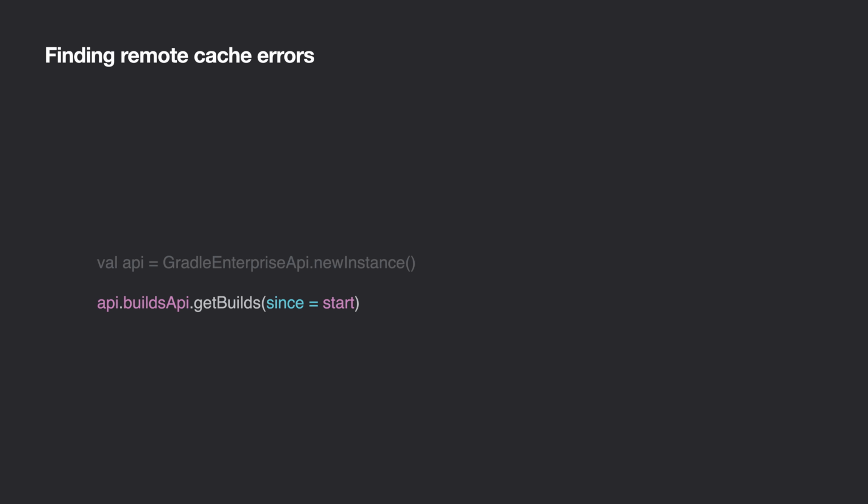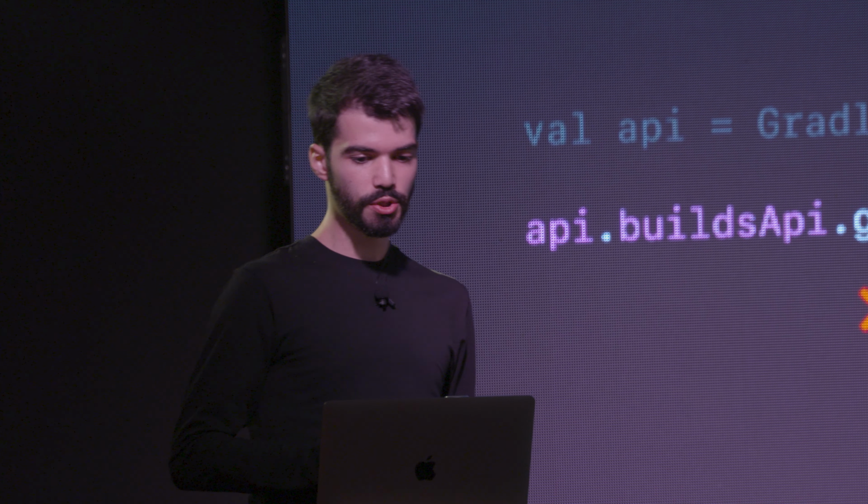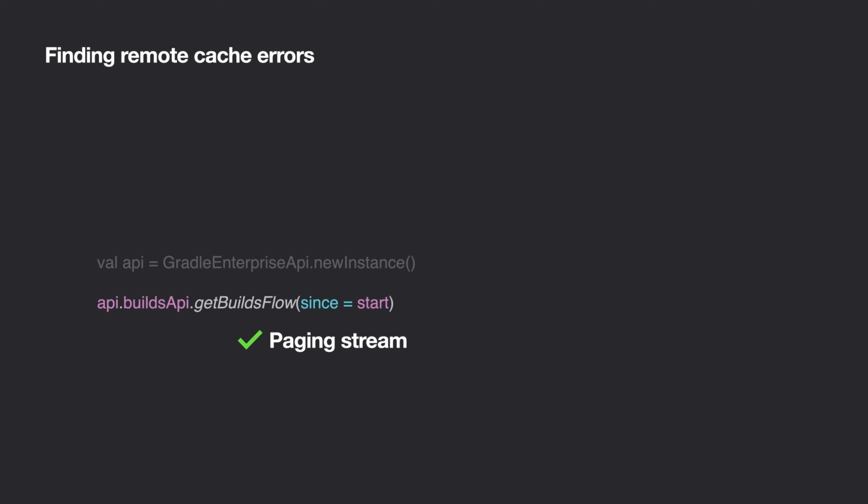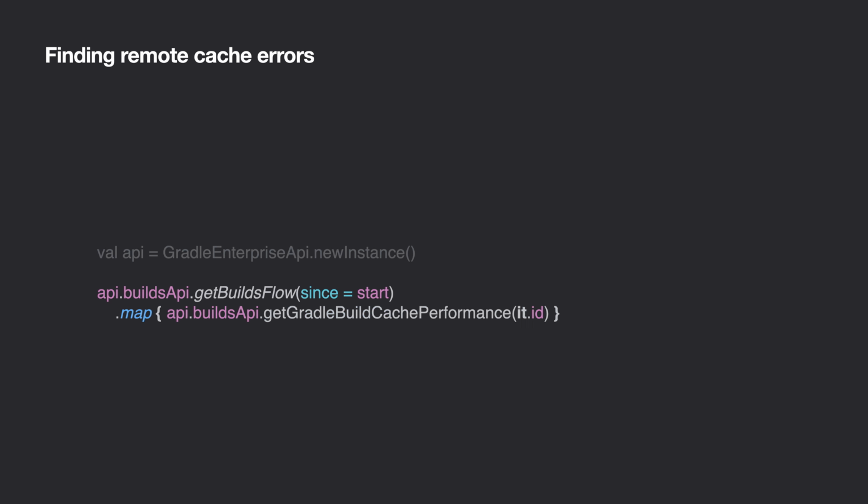It will give us all the IDs of builds since a start time, and this actually requires paging, but as I mentioned, the library has a few utilities for this, so you don't have to implement it. Just use this extension function and you'll get a stream that does the paging behind the scenes.